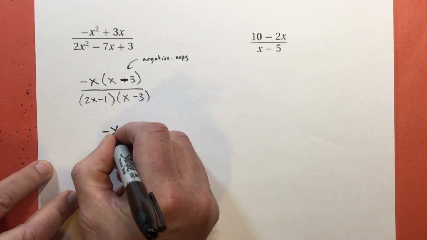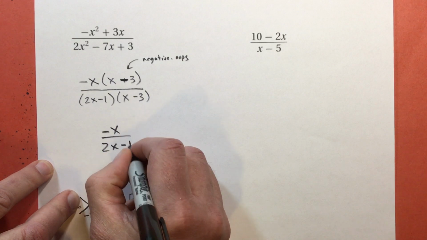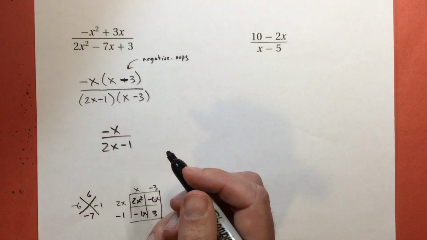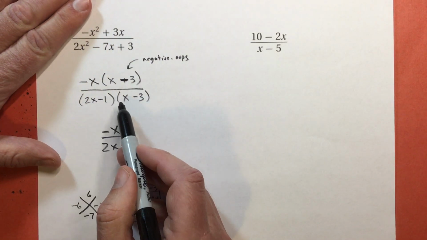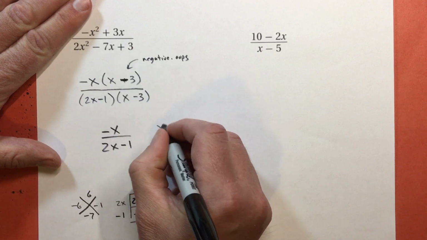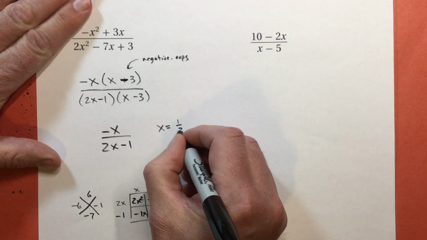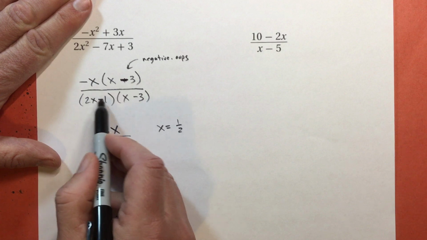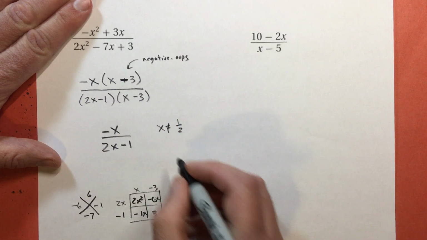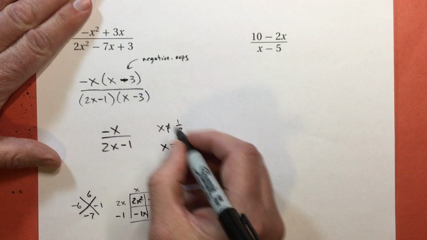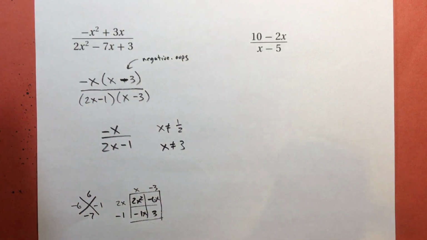And I get negative x over 2x subtract 1. And what's going to make the denominator go to 0? Well, if x equals 1/2, 2 times 1/2 is 1, 1 minus 1 equals 0, so don't let that happen. And if x equals 3, same thing happens.